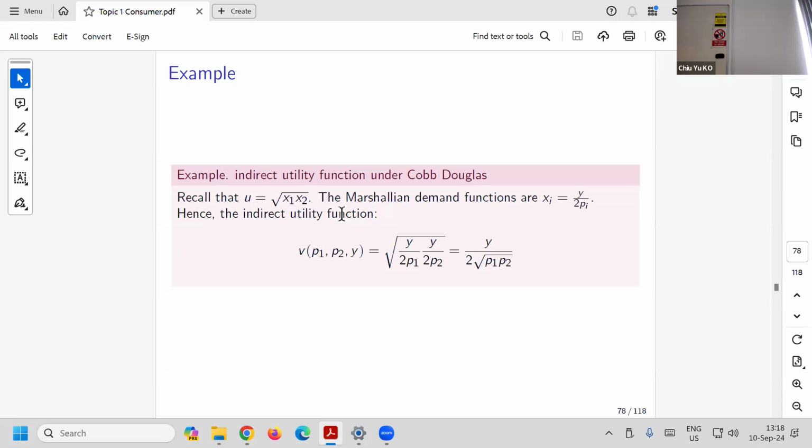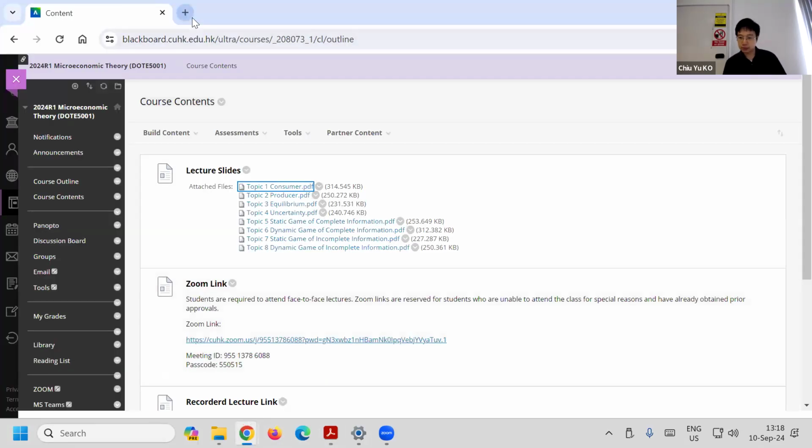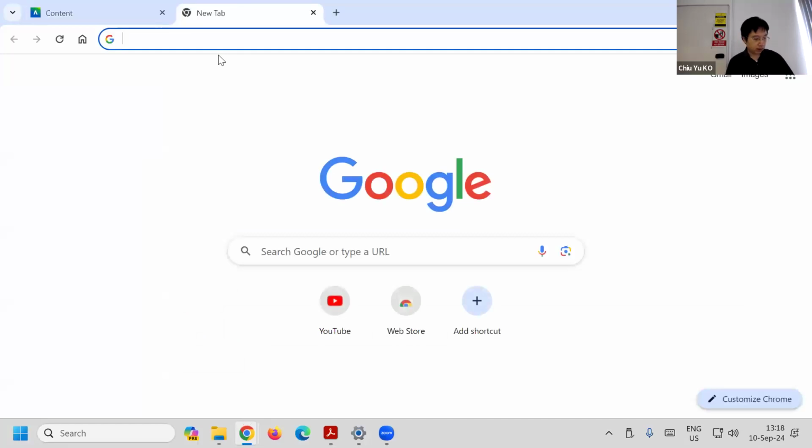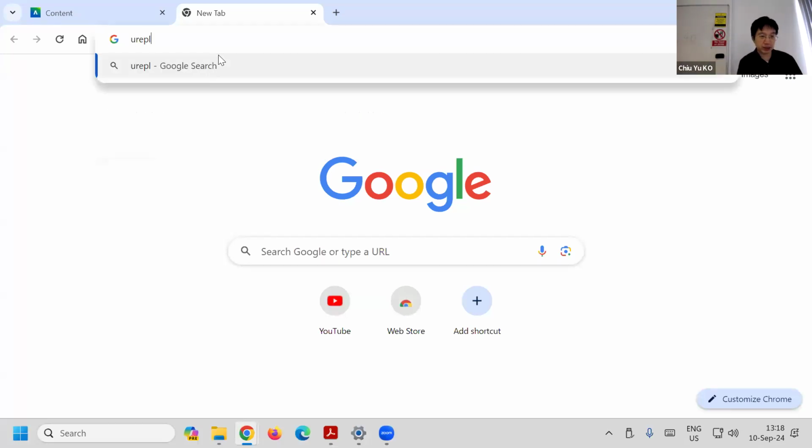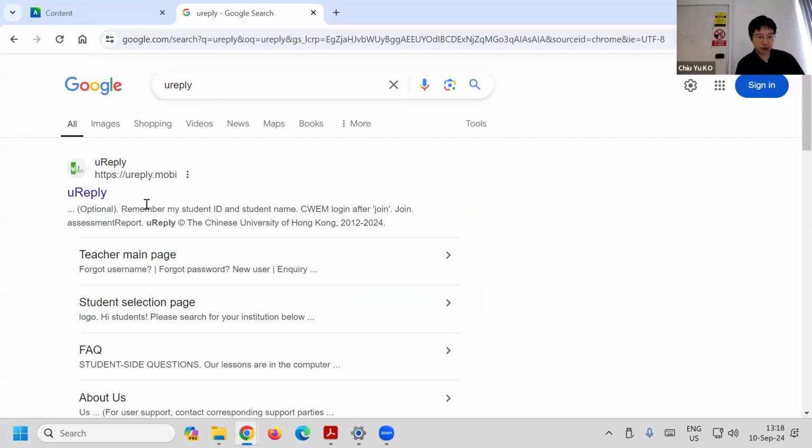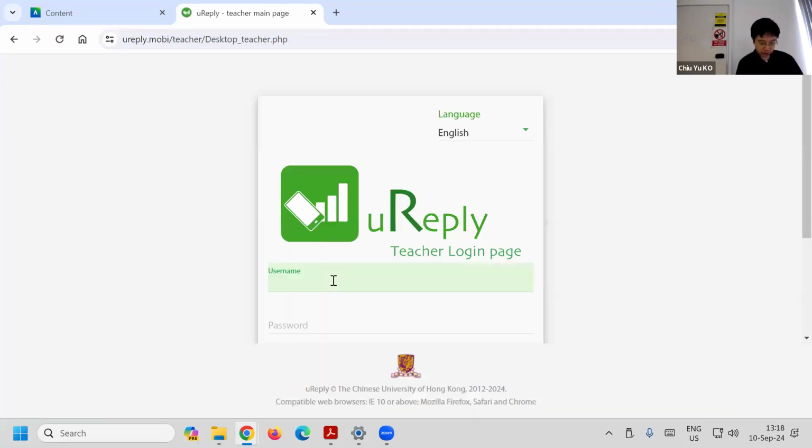Let's take a break of 15 minutes, and then we'll talk about the cost minimization problem, which will be much faster because it's very similar anyway. Let's resume at 1:40. I'll open the reply so that you can tell me if it's too fast or too slow, or you don't have to write anything.